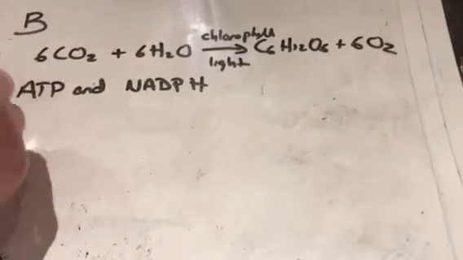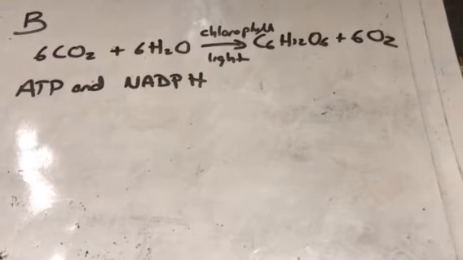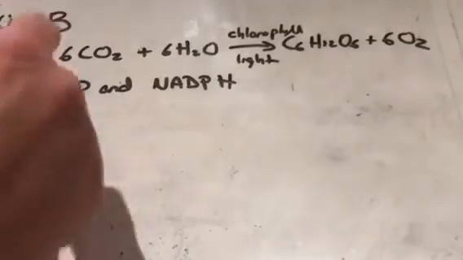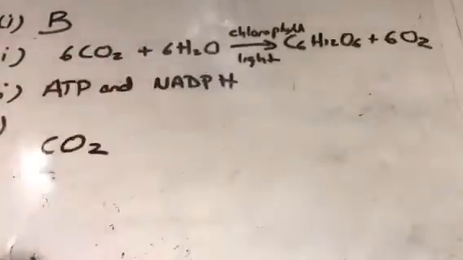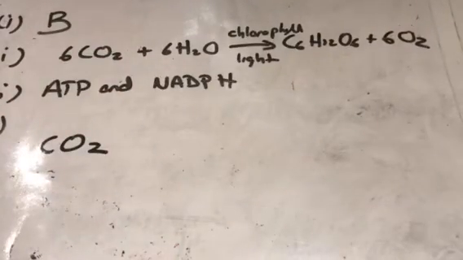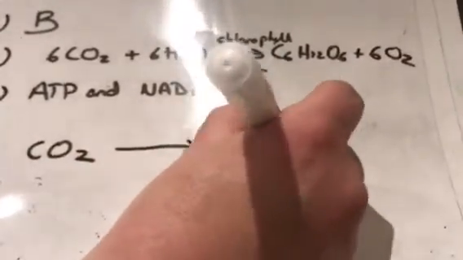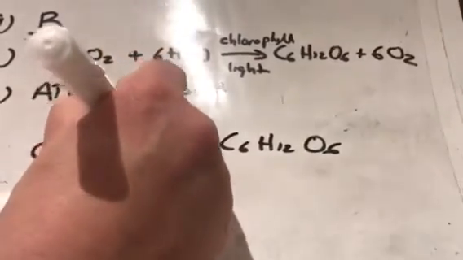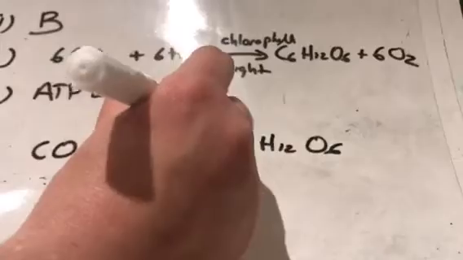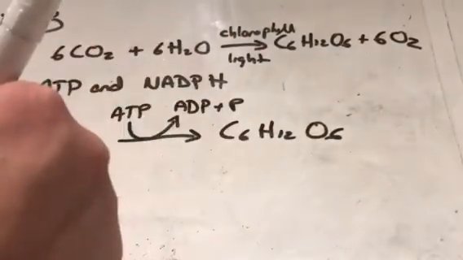Now part 4. Some of the products of the light-dependent stage are used in the light-independent stage, or the dark stage. Outline the events of the light-independent stage. The easiest way to do this, girls, is to draw an equation, okay? This is in your textbooks and in your notes. Carbon dioxide comes into the plant through the stomata, which I'll write after this, and goes on to become C6H12O6 in the presence of ATP, which gets split to form ADP plus phosphate.